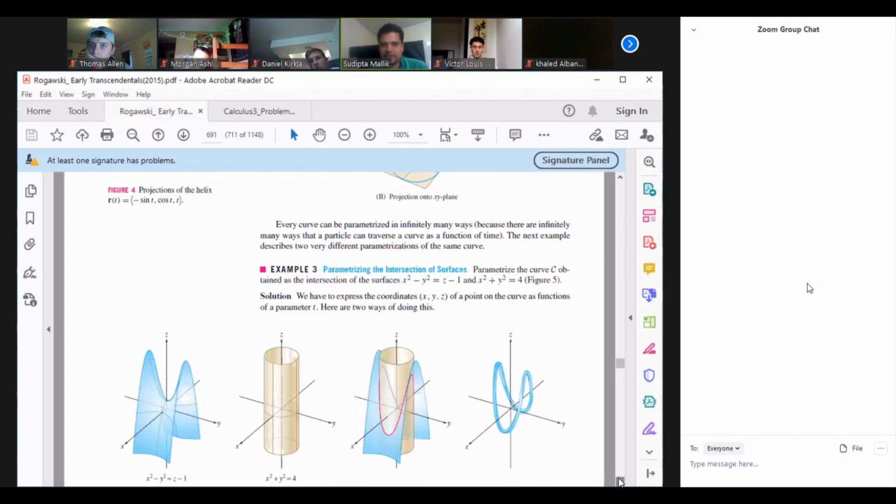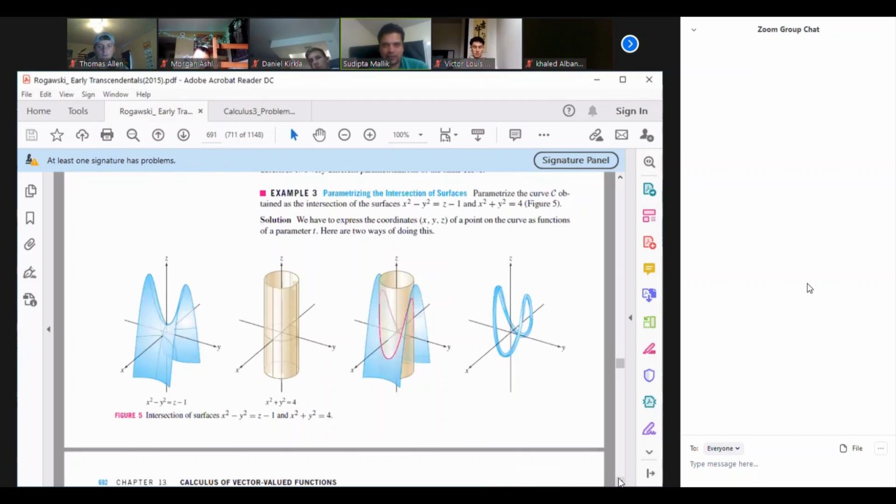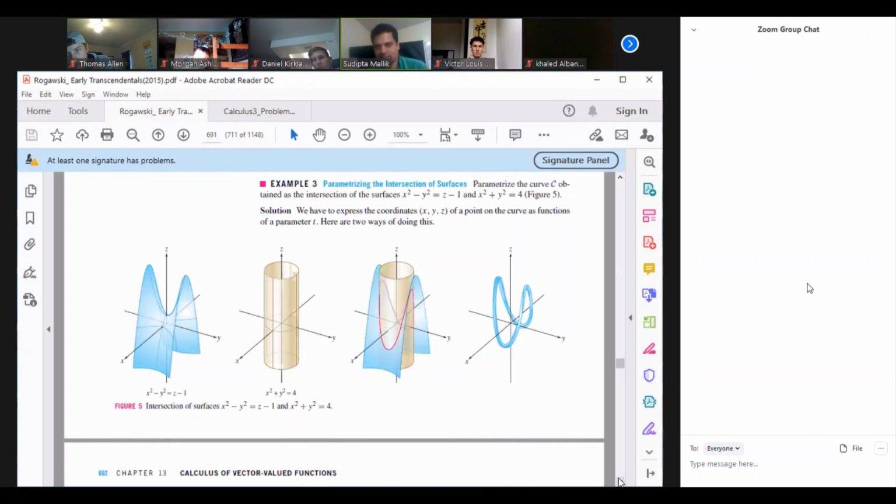Okay, let's do an interesting problem. I really cannot draw this by hand. Well, I can draw it, but you'll have a hard time seeing it, so I'm going to show you from the book. Consider two surfaces.